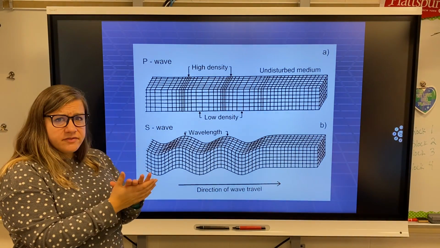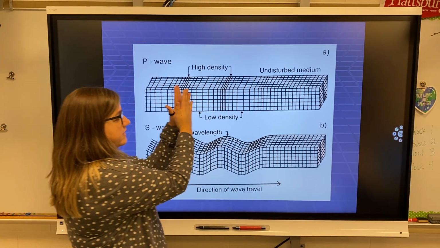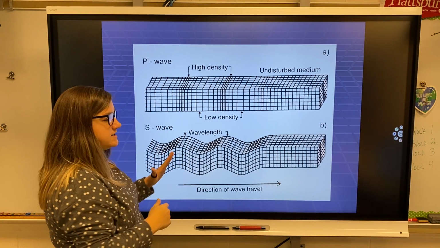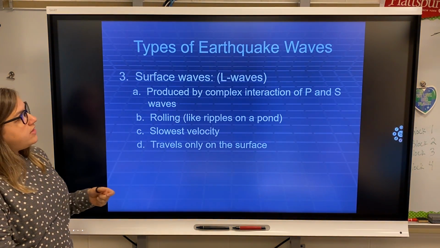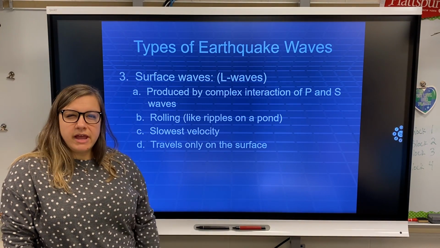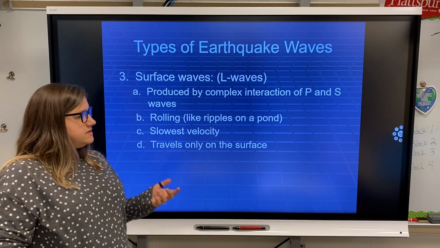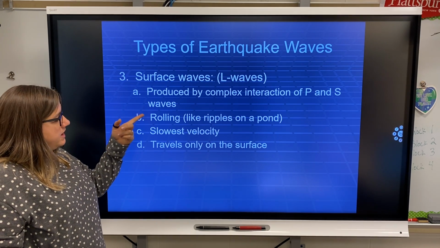So these are some different diagrams of how the P waves and S waves work. P waves are compressional, moving by pushing each other back and forth, whereas S waves move in a side-to-side motion. And then the third type of wave is not one that we commonly talk about. They're surface waves, also called L waves. They're produced by P and S waves.